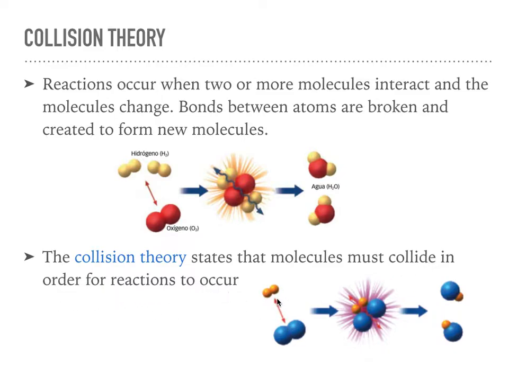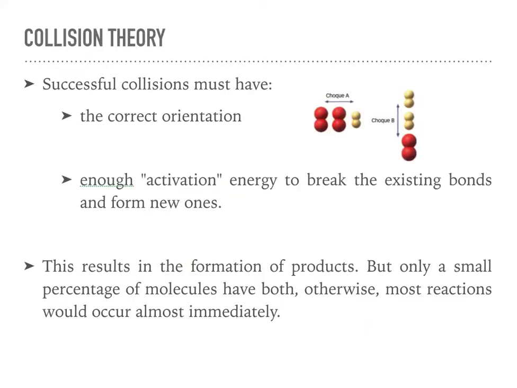Here again, we have two other molecules, and they collide here, and they break the old bonds and create new ones, because they are going to stick now, these two and these two, and make new molecules. So it can happen in very different ways.